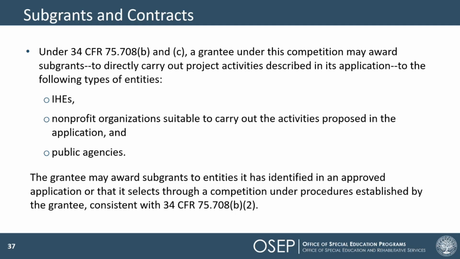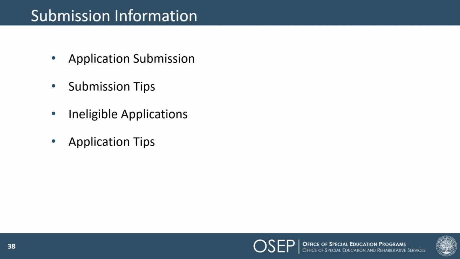The grantee may award subgrants to entities it has identified in an approved application or that it selects through a competition under procedures established by the grantee, consistent with 34 CFR 75.708(b)(2).